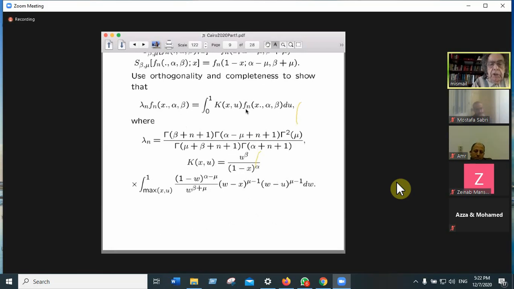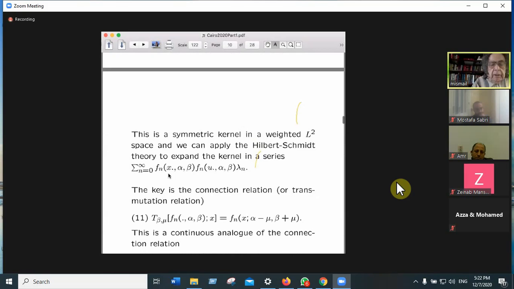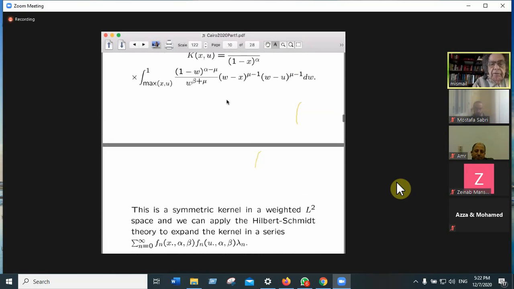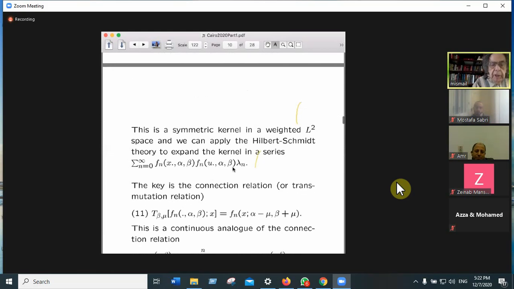Okay, now once you do this, what do you get out of it? You know that the kernel can be expanded into this bilinear formula. So these are the eigenvalues, and these are the eigenfunctions, and this is just the Hilbert-Schmidt theory, that the kernel of a symmetric integral operator can be expanded in terms of the eigenfunctions.